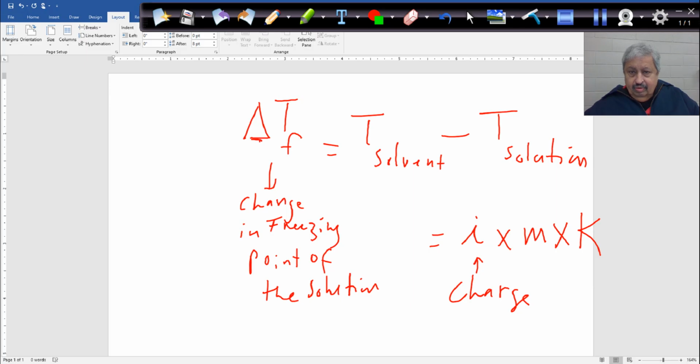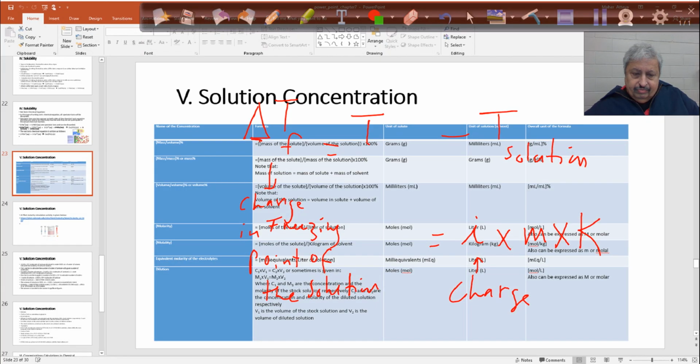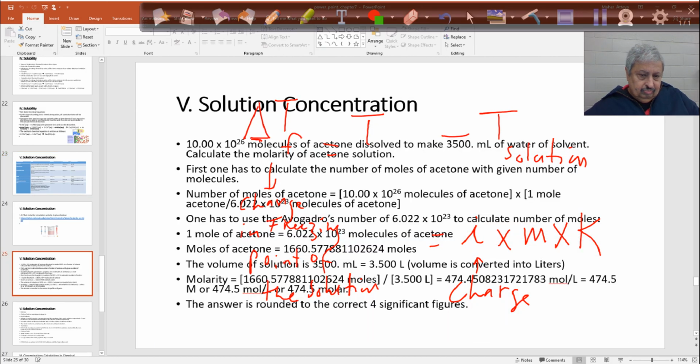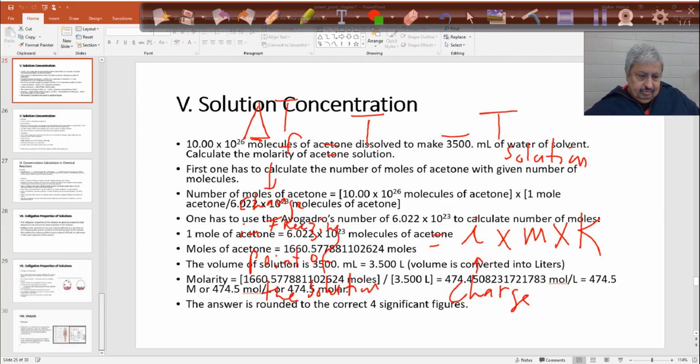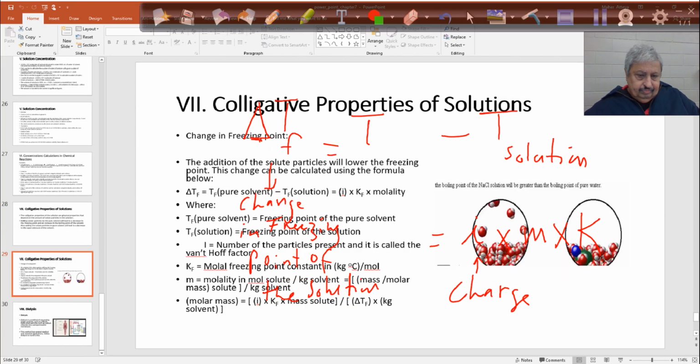Okay, so I think it says the formula is at the end of the whole thing here. Just let me show you. Here it is. It's the pure solvent and the solution.